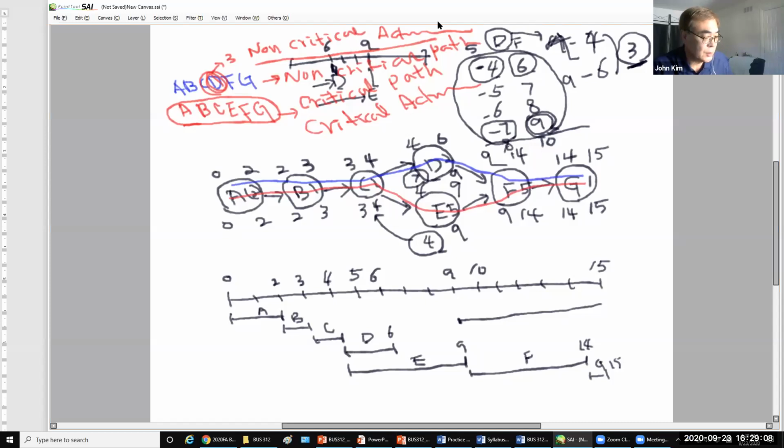Then it says the longest path is the critical path.